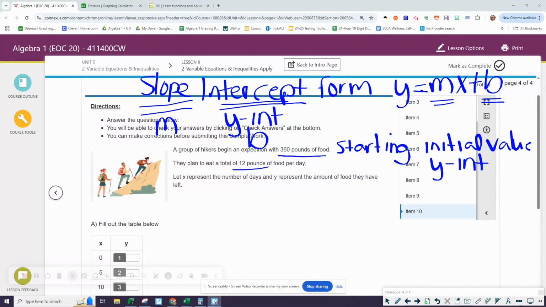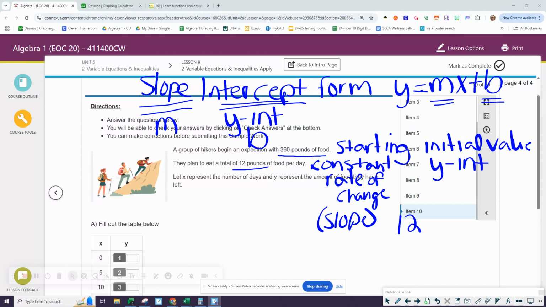So they are going to have a constant rate of change, and that is the definition of a linear slope. So the constant rate of change, they're going to eat 12 pounds per day. That means they're subtracting 12 pounds of food per day.